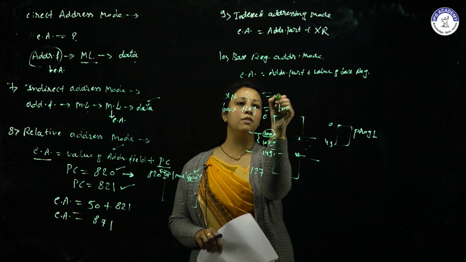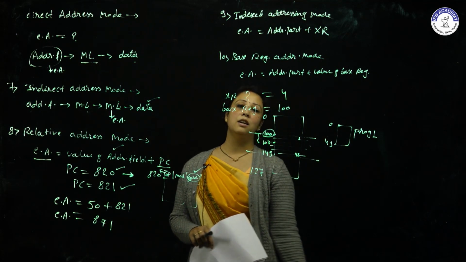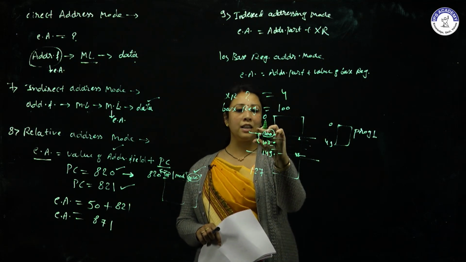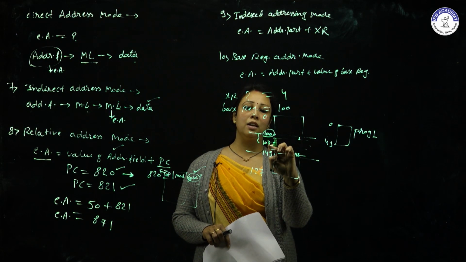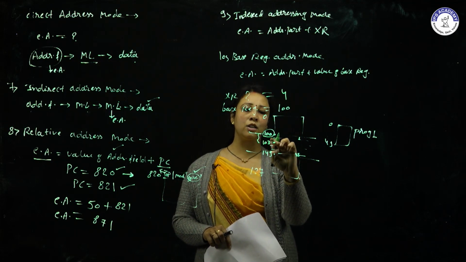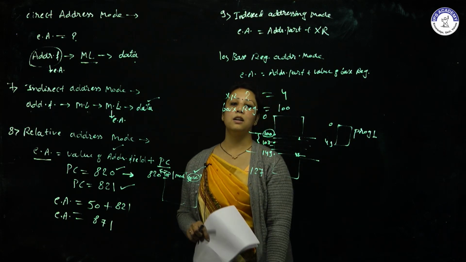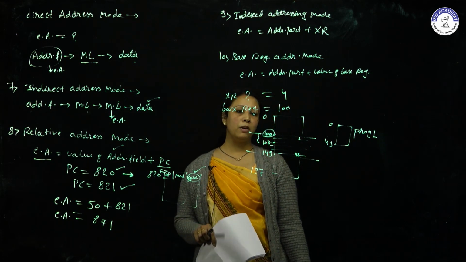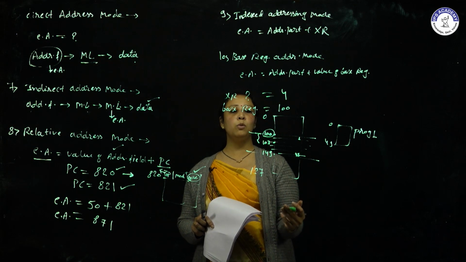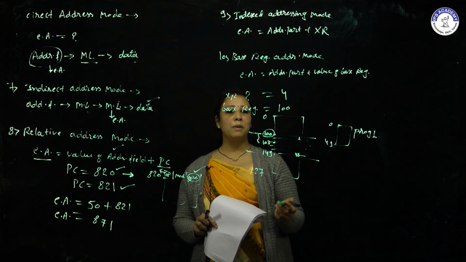So this 4 is the value of the index register. The index register contains the index from the base address to the address of the actual data, and the base register contains the base value of the program, where the program starts to be stored in memory.